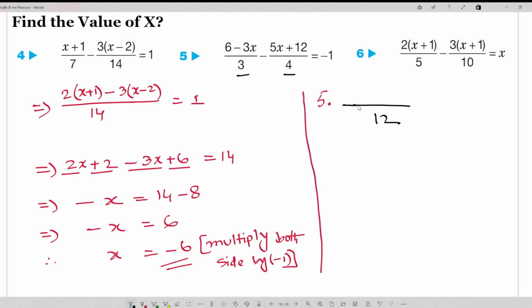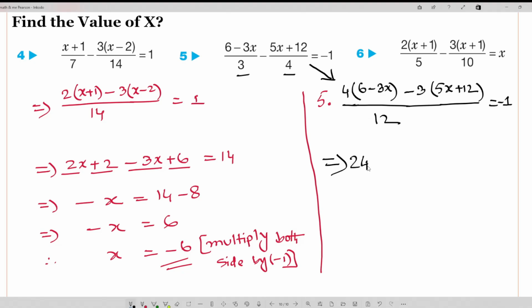And here is 4 times (6 minus 3x) and minus 12 divided by 4, it will be 3, and times (5x plus 12) equals minus 1. Now here is 4 times 6 is 24, then minus 12x minus 15x minus 36 equals minus 12.